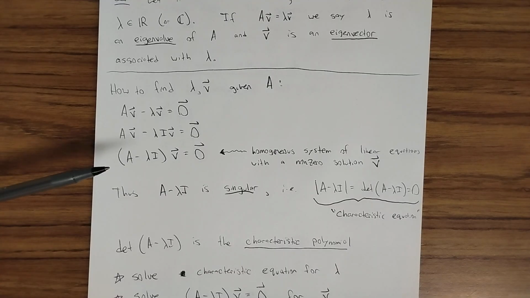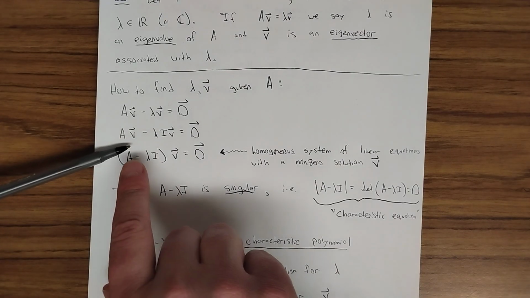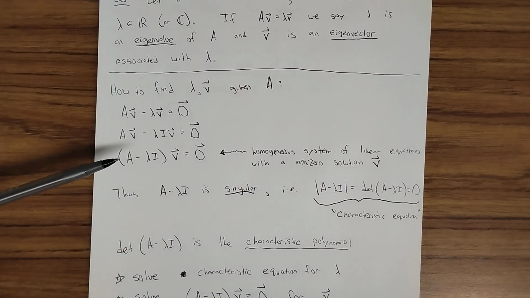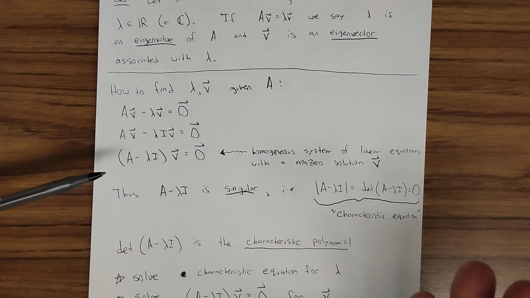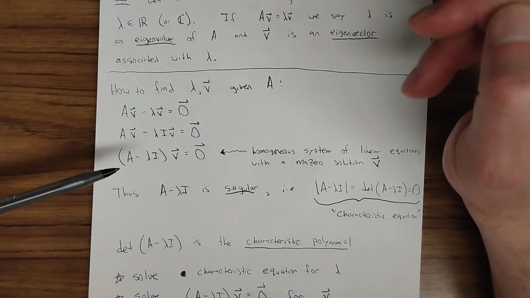So remember what singular means. A square matrix is singular if that matrix times V equaling the zero vector has infinitely many solutions. It's non-singular if it has only the zero vector as a solution.